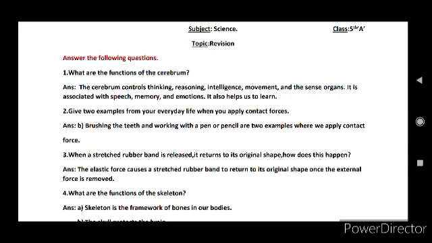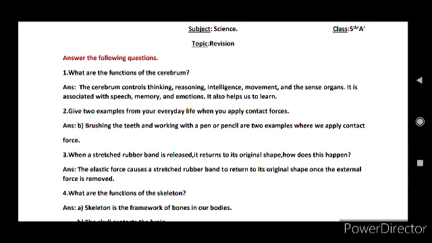Contact forces happen when objects touch each other, for example when a person kicks a ball, pushes a trolley, or lifts a bucket. The types of contact forces are frictional force, muscular force, and elastic force.